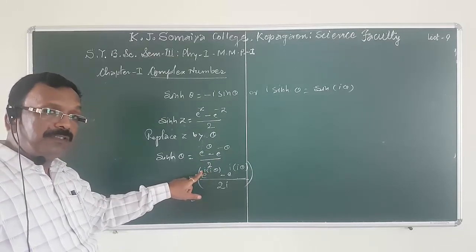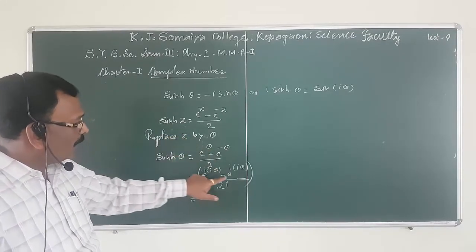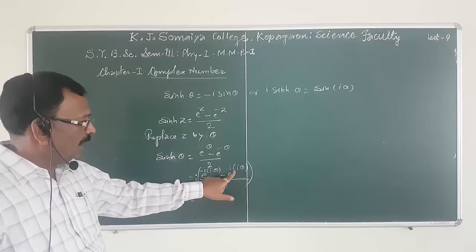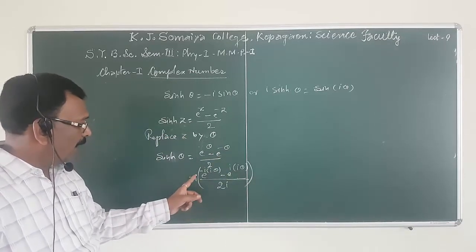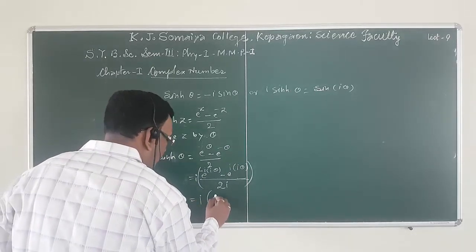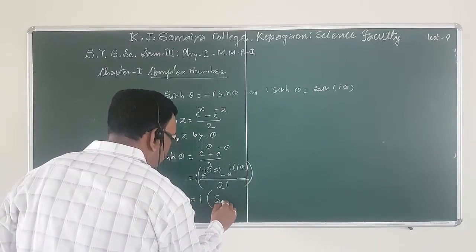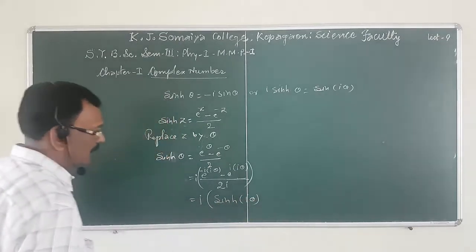When we solve this we get this, because value of i square is minus 1, and multiplied by and divided by, this represents the value of sin i theta.